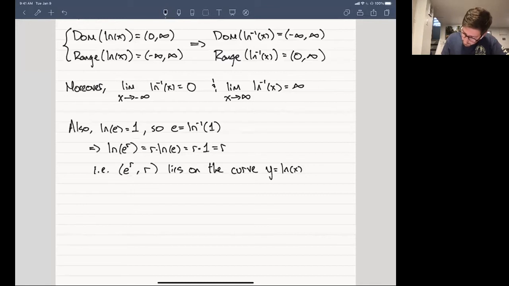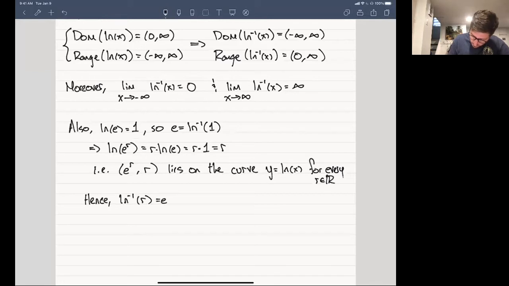And this is for every r greater than 0. Actually, that's for every single r. It doesn't even have to be positive. I'm sorry, I got a little conservative there. It's actually for every value of r. Okay, so then the inverse swaps those two values around. Hence, ln inverse of r is equal to e to the r for every real number r.